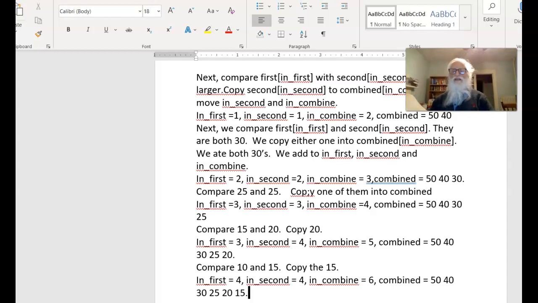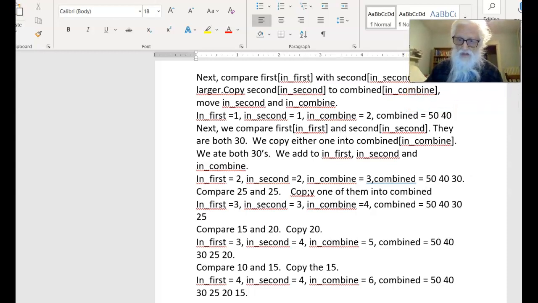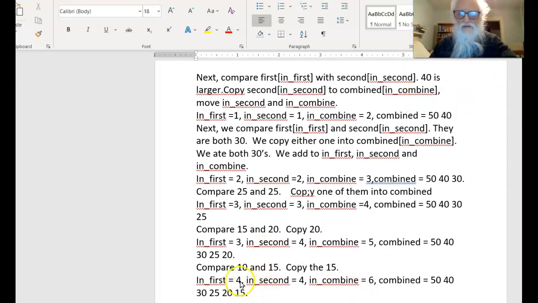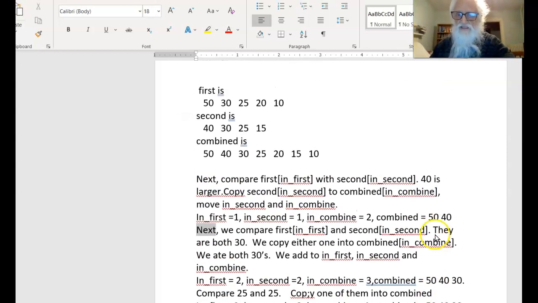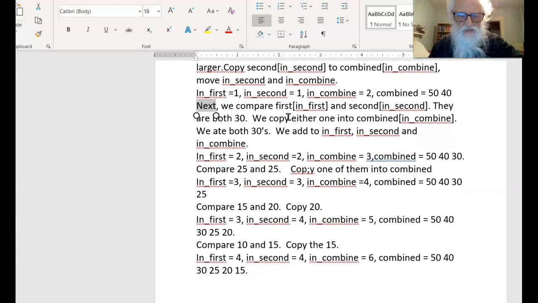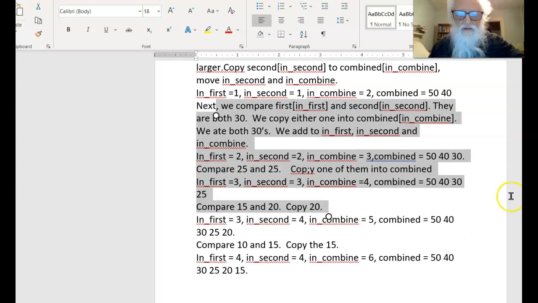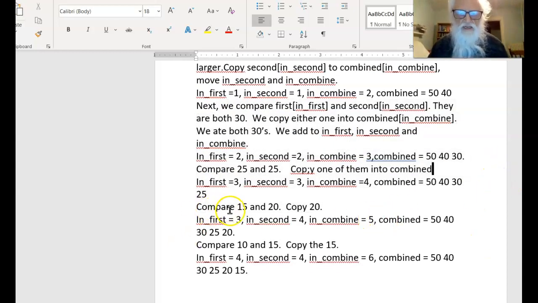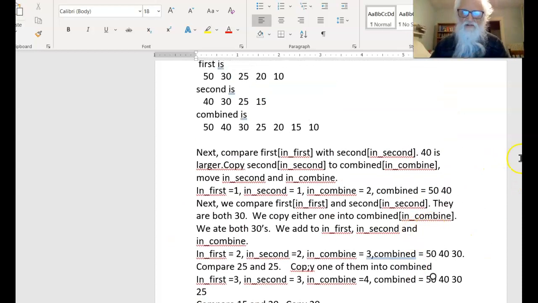Now, we have reached a very important point. Look at what in first is. In first is 4. First is 0, 1, 2, 3, and 4. I hope I did that right. Did I copy? Yeah, I think I copied everything right.